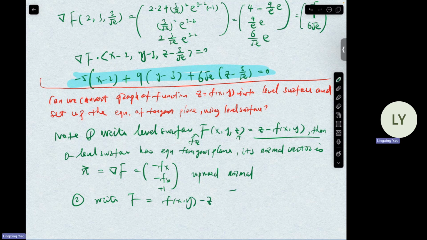Okay, and then the gradient vector of capital F is giving us a normal, which has partial f partial x, partial f partial y, and then negative 1. So this is the downward normal.